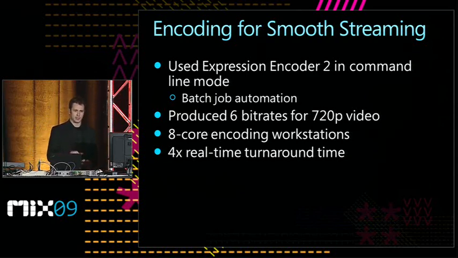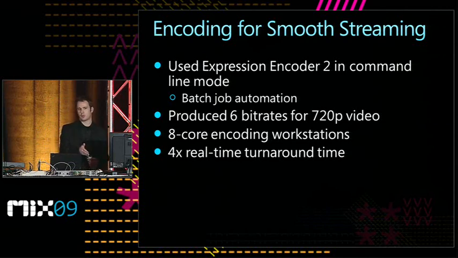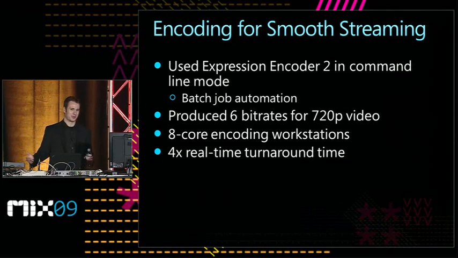They encoded these on 8-core workstations. They were able to get about 4x real-time turnaround time, which means that about an hour of video took about 4 hours to encode. Now, that might seem like a long time, but keep in mind, they're encoding to 6 different bit rates. So it's actually 6 different encoding jobs going on for each hour of video. This is a really good turnaround time for the smooth streaming format.